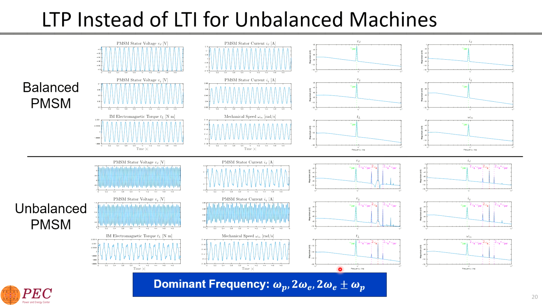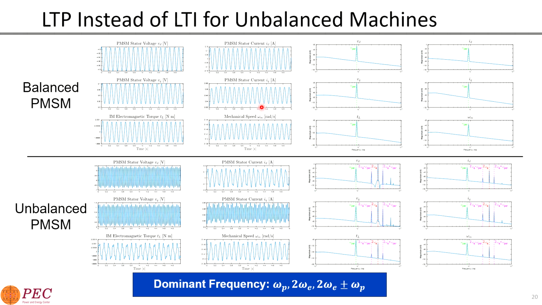But especially when we conduct experiments, due to the cable, the amplifier, or the winding itself in the machine, the machine in fact contains some phase impedance unbalance, which means, let's say, one of the phases contains higher impedance or smaller impedance. And when we proactively add unbalanced phase impedance in the simulation and do FFT for one perturbation frequency, we could see that reality does not correspond to the LTI system assumption, but is something different.